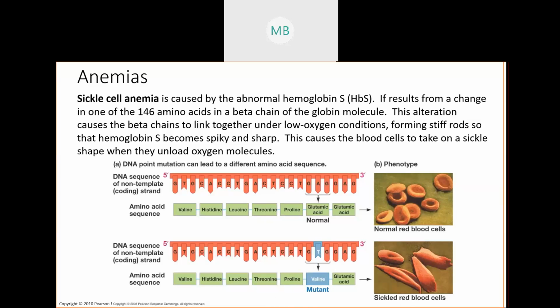And on the flip side of things, if you were one of those individual people that had the severe form of sickle cell anemia, unfortunately, you would probably also die before you could have kids as well.